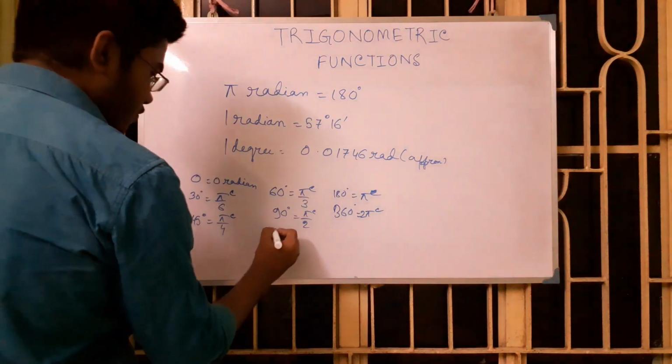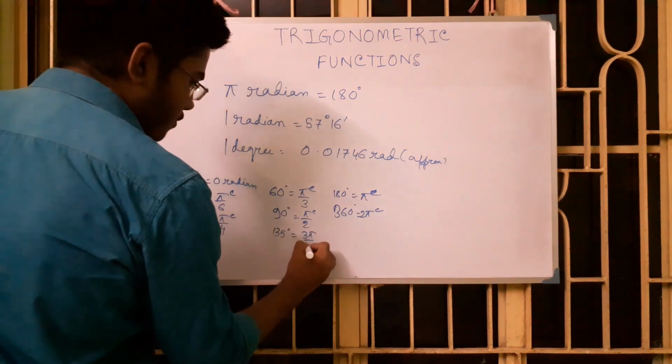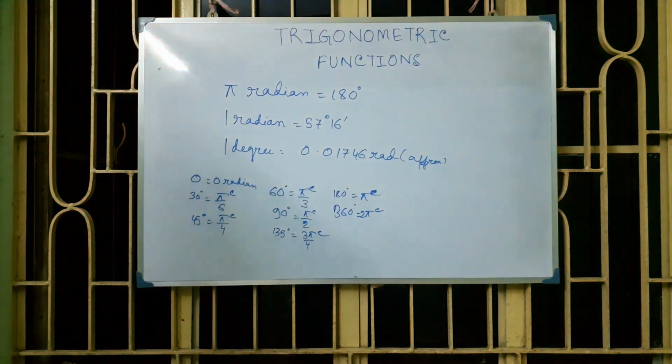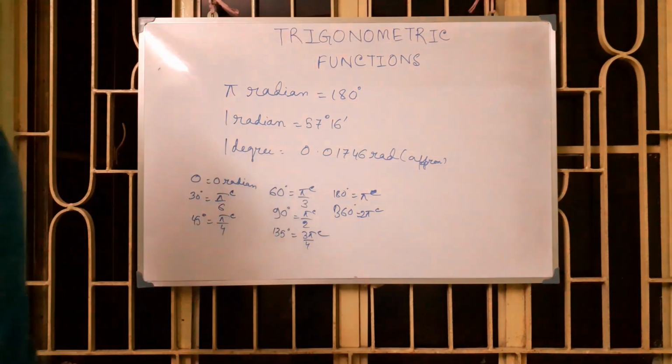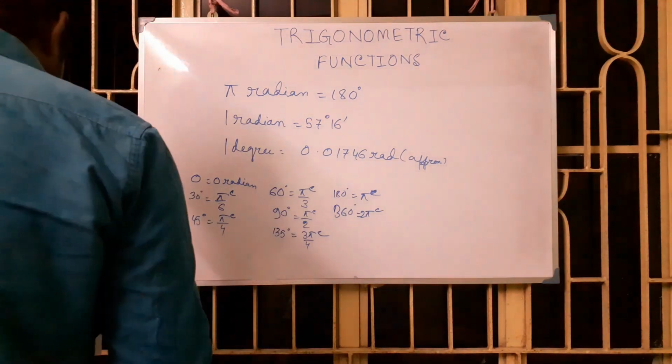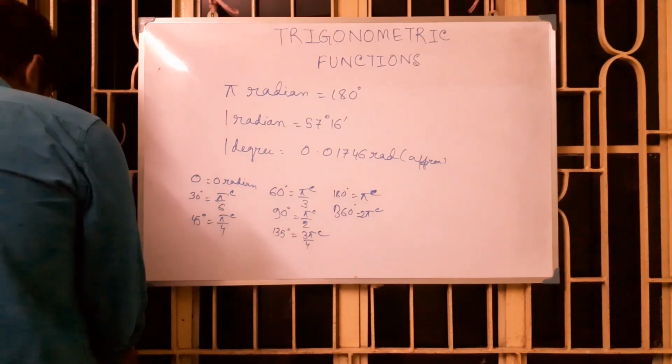If this is 135 degree then this is 3 pi by 4 radian, like that. Like this we convert degrees into radians.